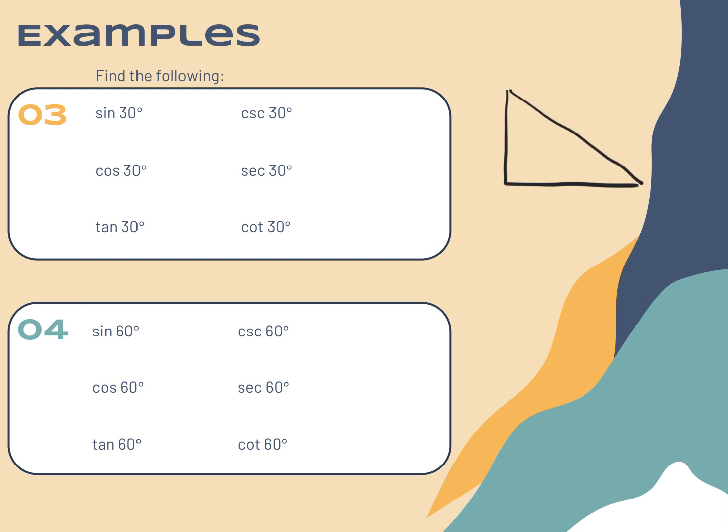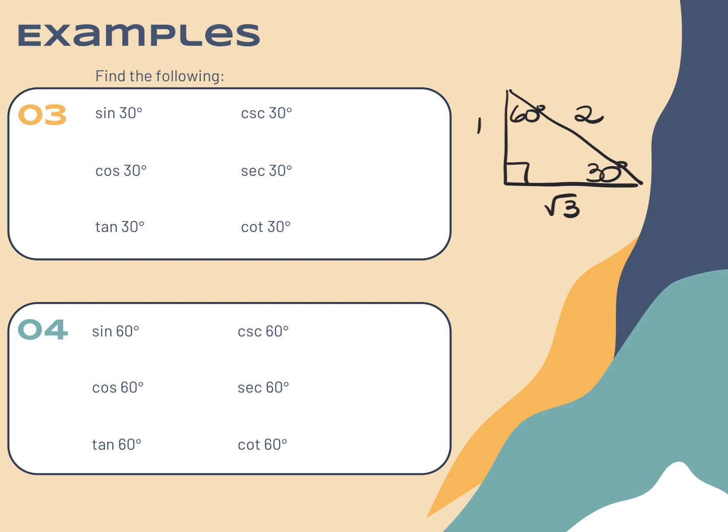And then I'm going to put in my 30 and my 60-degree angles. I'm going to label my sides in relation to where they are. So across from the 30, you're memorizing this as being 1. And then across from the 60 is the square root of 3. And then across from the 90-degree angle, this is going to be your 2.